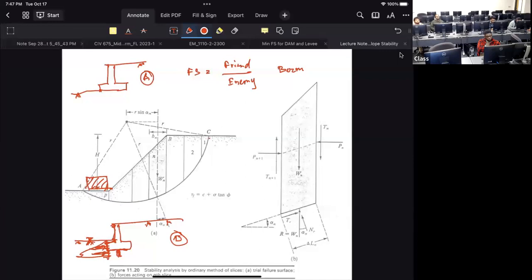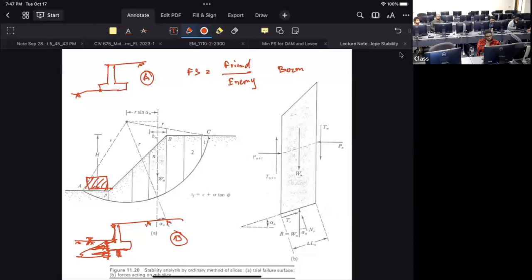Let's say my hand is the soil and this is the structure. I'm trying to push it, and my structure is very stiff. Then the soil will push hard, trying to push more until it reaches the at-rest condition.